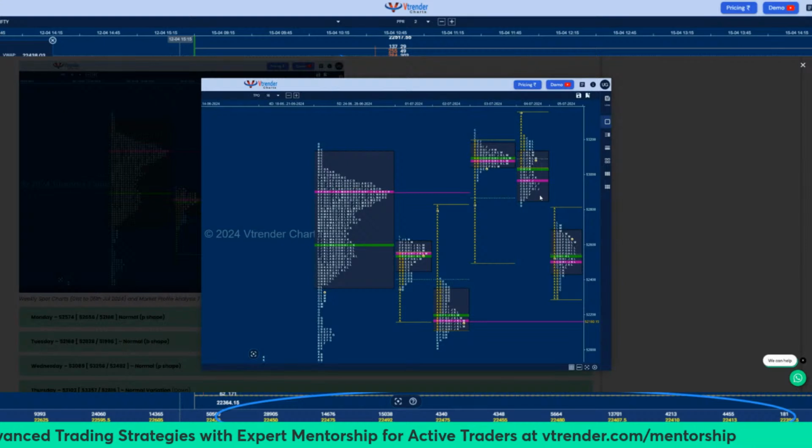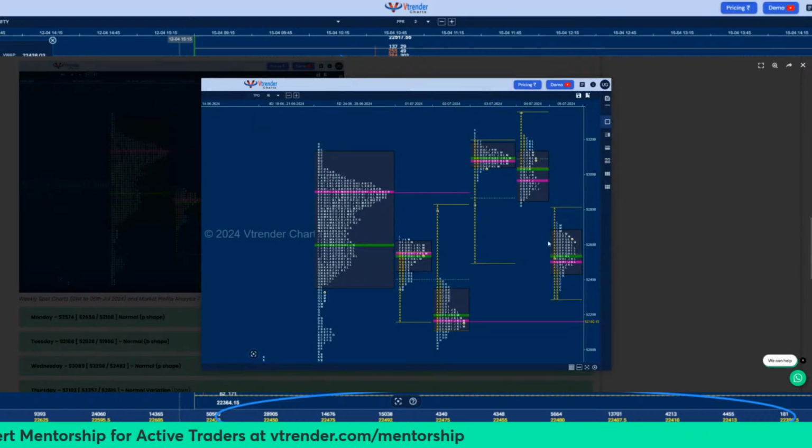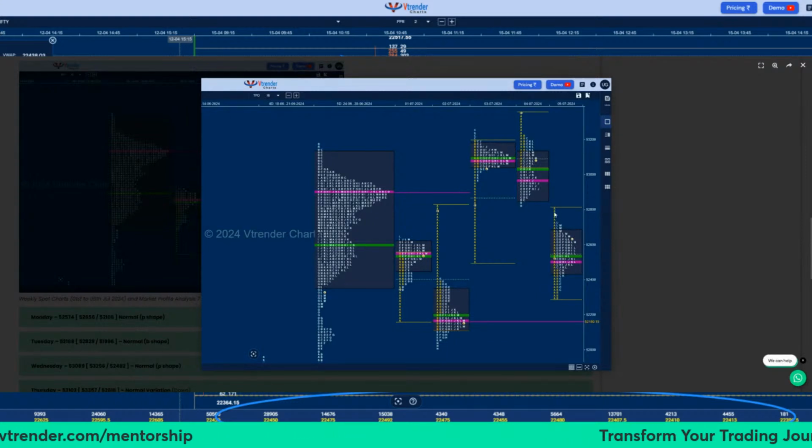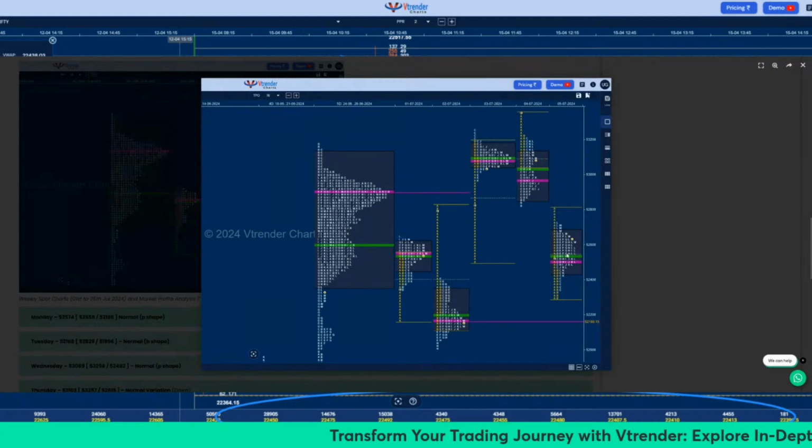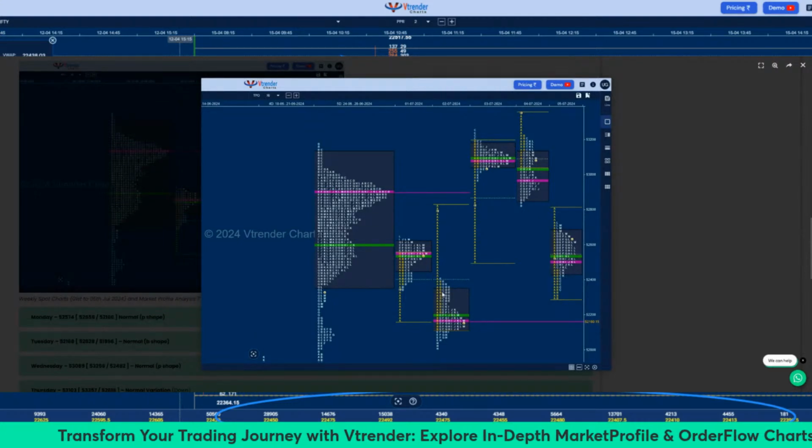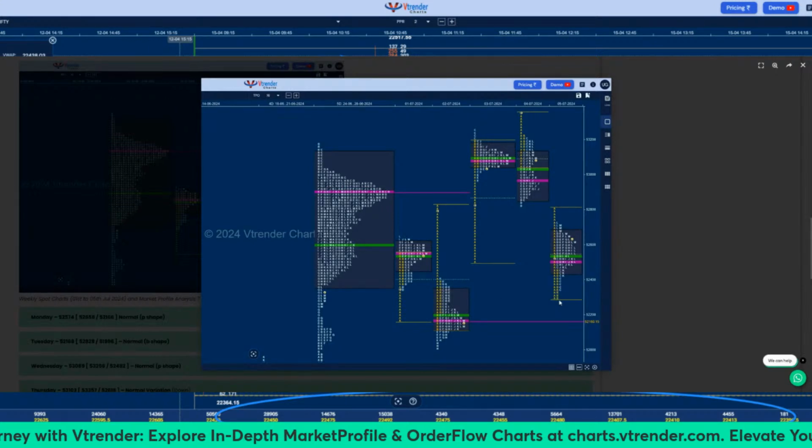So it was over to the sellers to take it down, and they did make that attempt, because they not only made a lower open, but they left one small selling tail on Friday and went on to make these lows. We went on to enter into this B value, but then again we saw exhaustion on the downside because the initial balance had similar lows, and we did not make any range extension to the lower side.